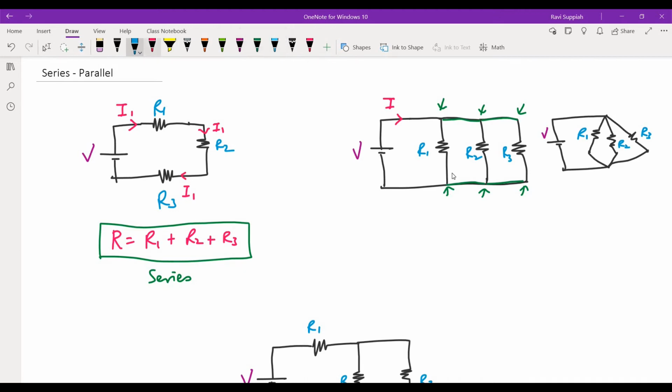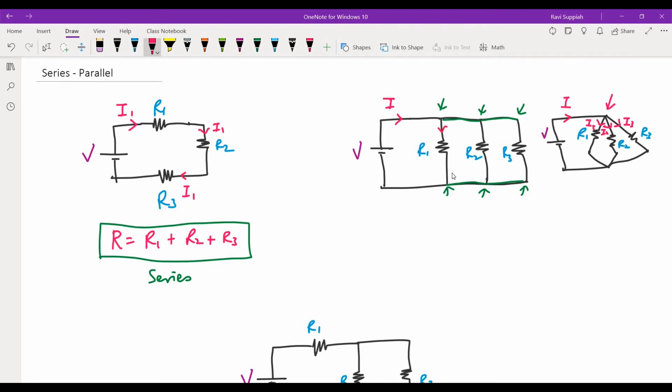So with that you can see that it's easier to see that when the current comes out of the source at a common point over here, it splits into three different currents. So we can call it I1, I2 and I3. It splits into three different resistors.